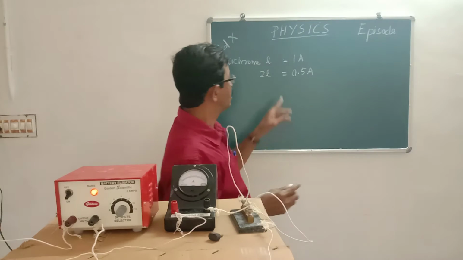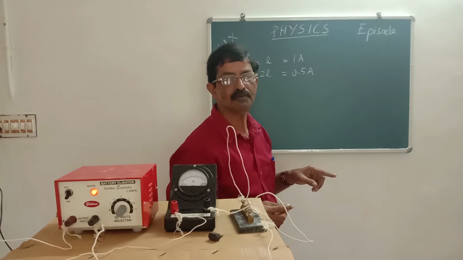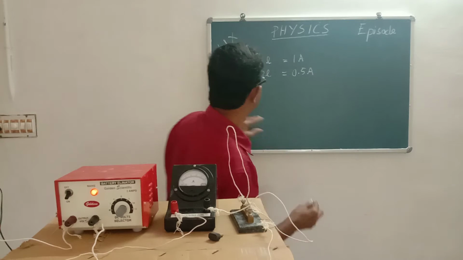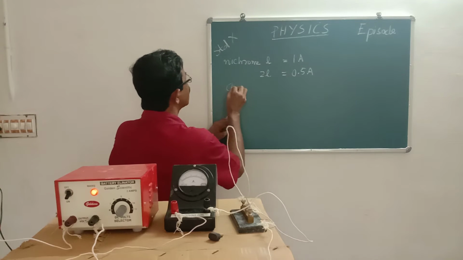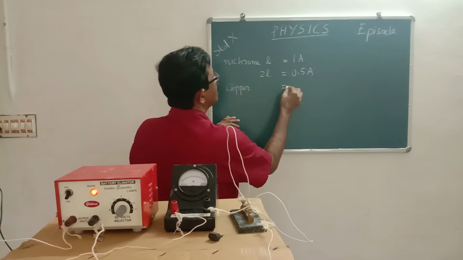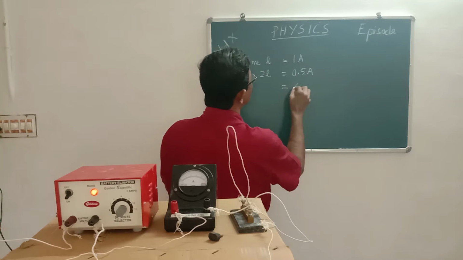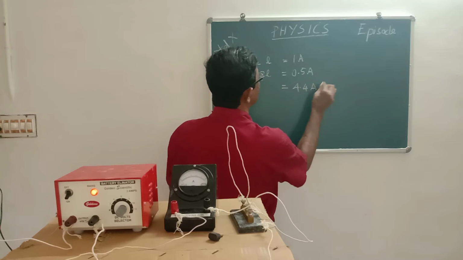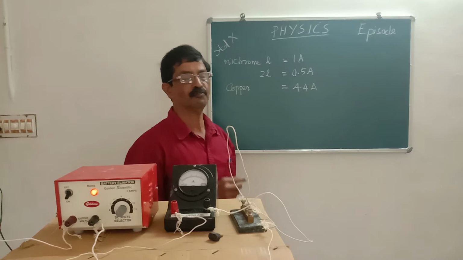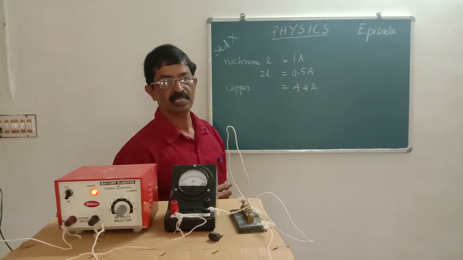When the nichrome wire is replaced with a copper wire of the same length, we got 4.4 ampere from the ammeter.